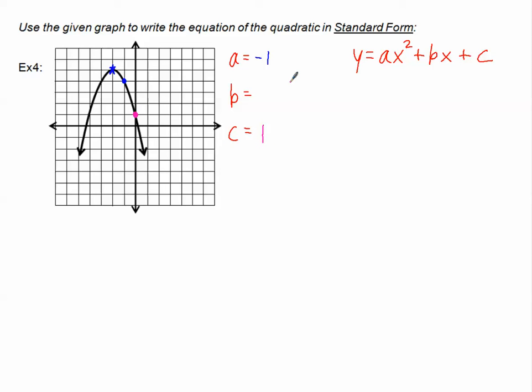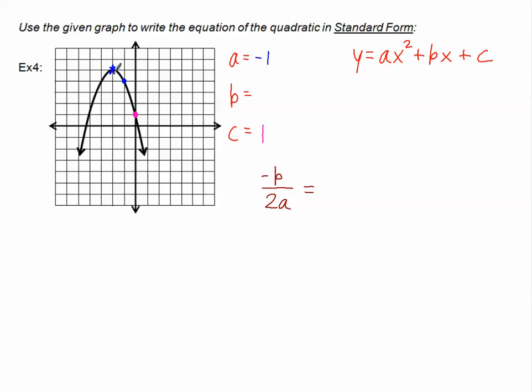So now we have 2 of our 3 numbers that we need. The toughest one to find is the value of b. But I do know that the opposite of b divided by 2a has something to do with our vertex. The opposite of b divided by 2a is the x-coordinate of my vertex. So if I knew the x-coordinate of my vertex, I can figure out what b is going to be.